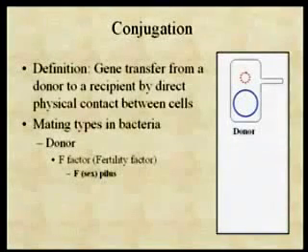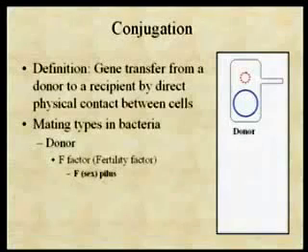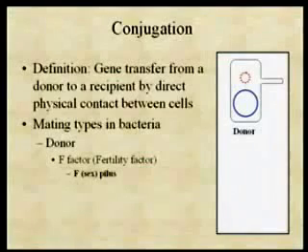And a donor is a donor because it harbors an extra piece of DNA, which is referred to as the F factor or fertility factor. Now, this F factor is an extrachromosomal piece of DNA, and it's an example of a plasmid. Plasmids are extrachromosomal pieces of DNA. So this is the F plasmid.